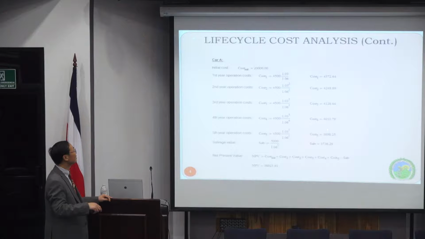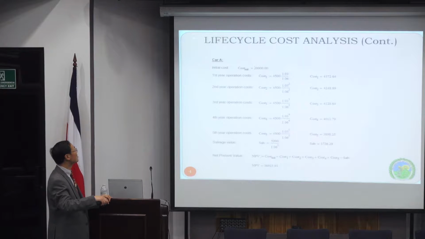These are the amounts you actually spend each year. In the fifth year, you receive $5,000 for selling your car, and you discount back 5 years, where the discount rate is usually your cost of money, whether you borrow money or whatever the interest rate may be.